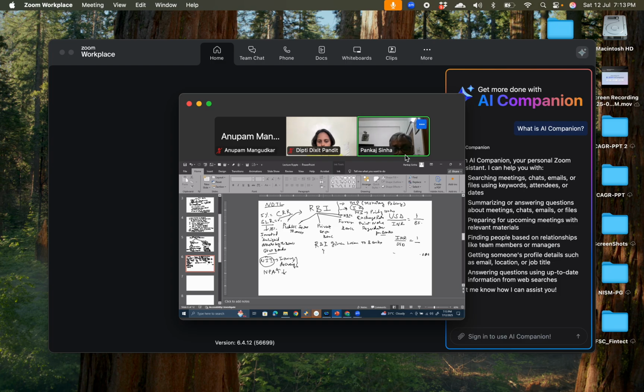there are 4 rates. One is the repo rate. This repo rate is only for 2 to 14 days, not more than that.